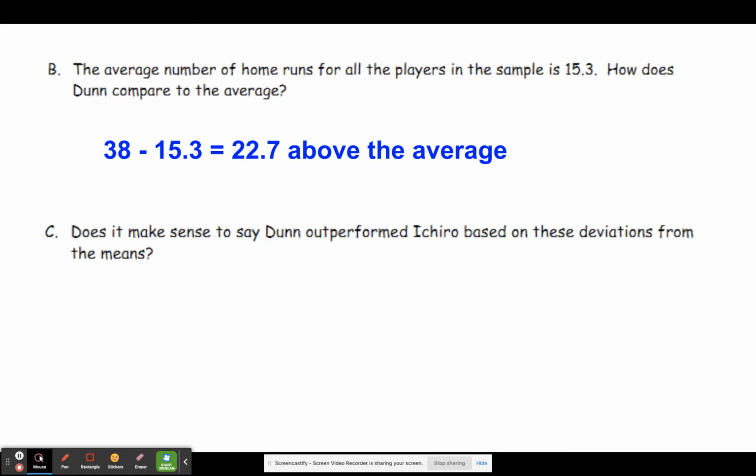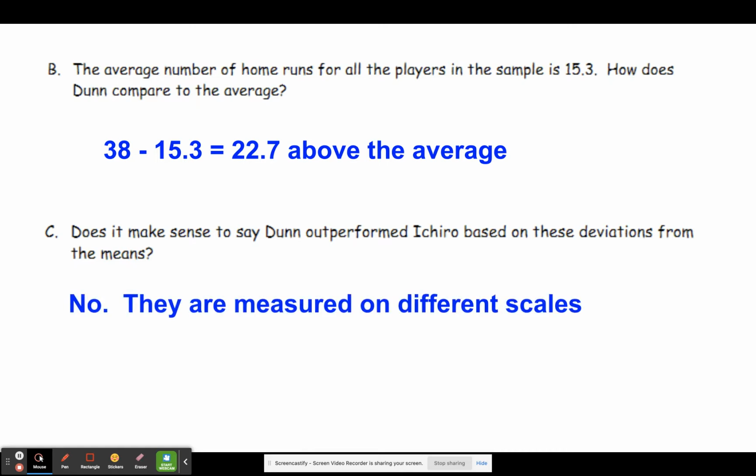This is a little bit more useful to us because we know how far above the average each player is, but it's still difficult because they're measured on different scales. Does it make sense to say that Dunn outperformed Ichiro based on these deviations just because 22.7 is more than 0.082? Not really, because they're still measured on different scales.